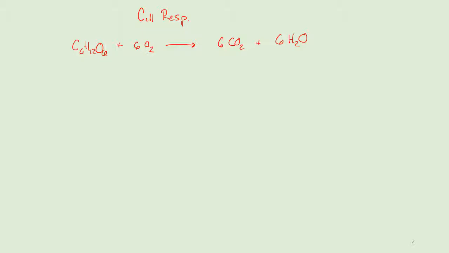Right? And this is the balanced equation, so try to keep in mind for every one glucose molecule that we have here, there are 6 oxygen molecules present as well. And this would be a balanced equation. You're not going to see any questions on that. Now we'll just keep going.